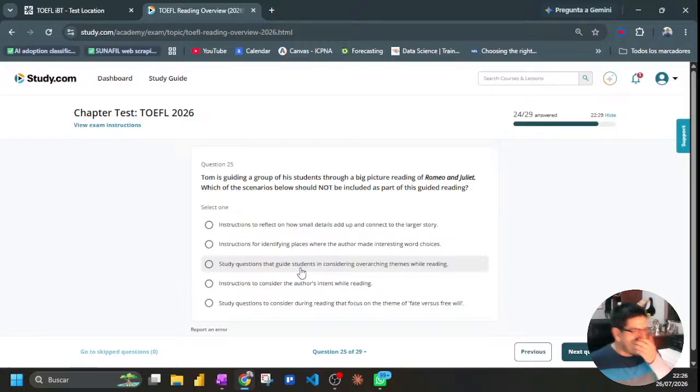Identifying places where the author made interesting word choices is more detailed, but this is not for big picture, so it should not be included as part of the guide.